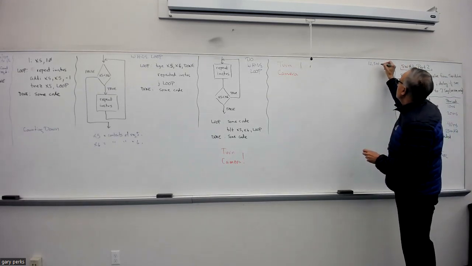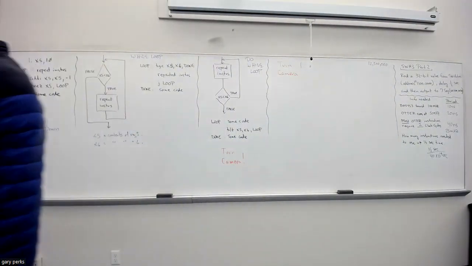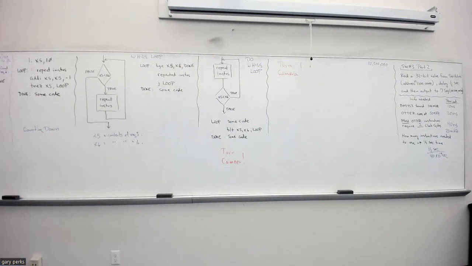Check that out. I think that's more than what I got. Does anyone else have a calculator? Did you get the same thing? I might have done it wrong. Oh, yeah, it is. It's like 12.5 million.